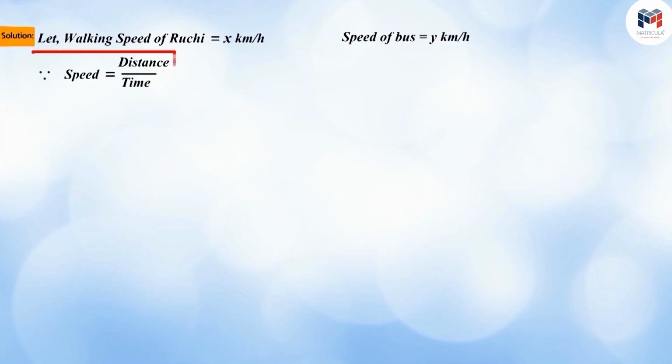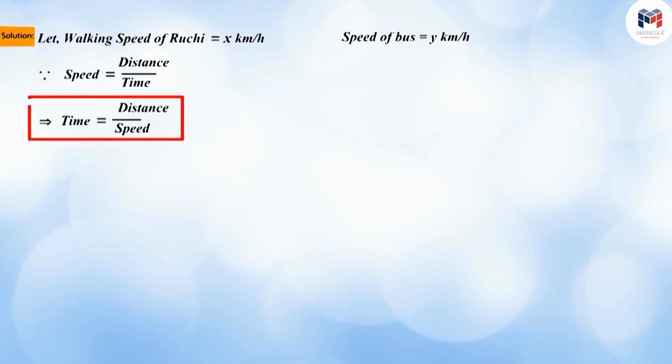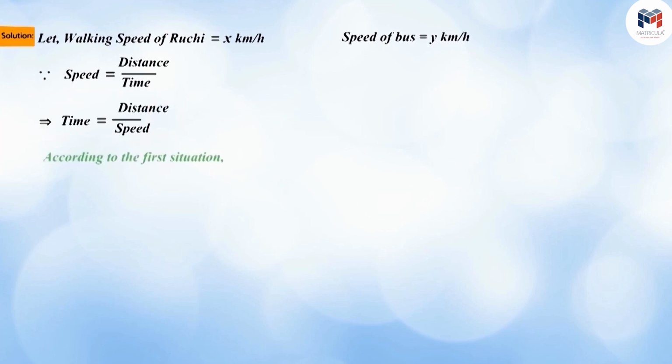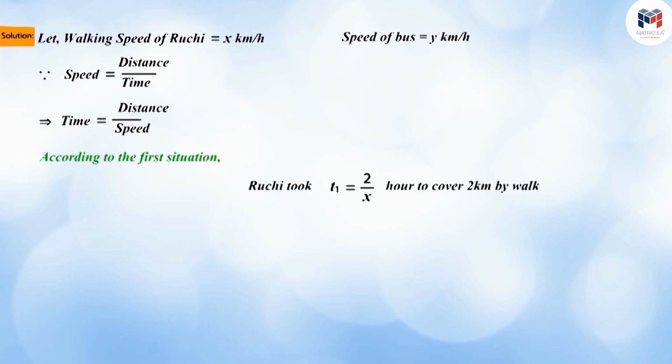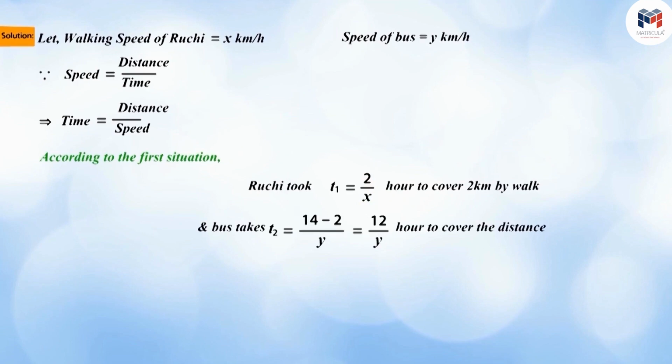Let Ruchi's speed be x kilometers per hour and the speed of the bus be y kilometers per hour. We know that speed is equal to distance by time. Accordingly, time is equal to distance by speed. Therefore, according to the first situation, Ruchi will take 2 by x hours to walk and 12 by y hours by bus to cover the distance.